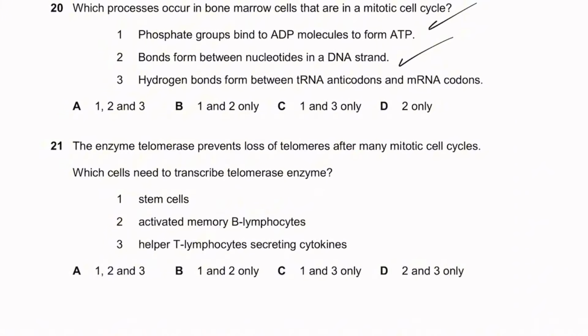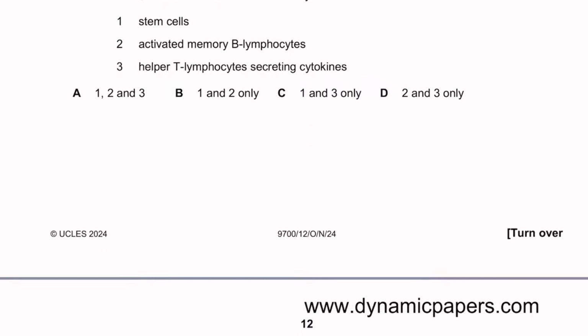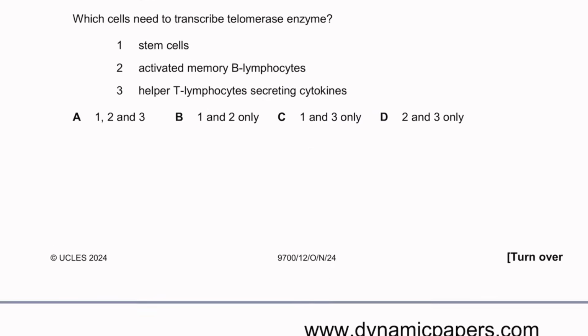Hydrogen bonds form between tRNA anticodons and mRNA codons. Yes, formation of proteins, formation of enzymes, formation of organelles is going to happen during the first and second growth periods, which is why you're going to find protein synthesis. tRNA anticodons and mRNA codons is translation, which is a part of protein synthesis. 1, 2, and 3A.